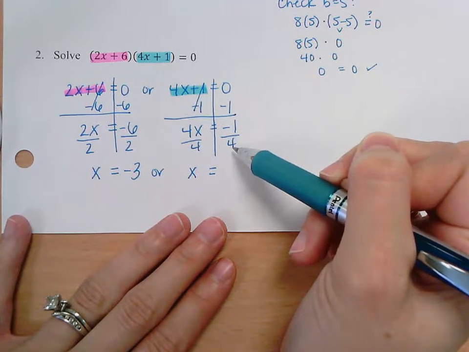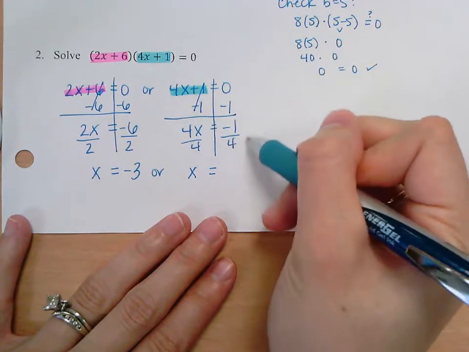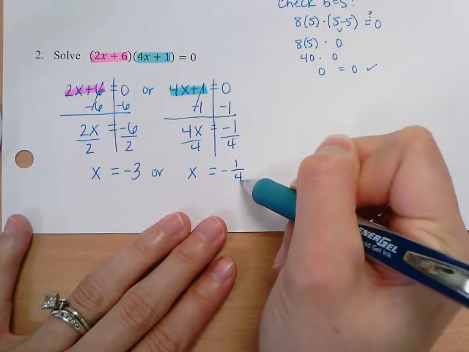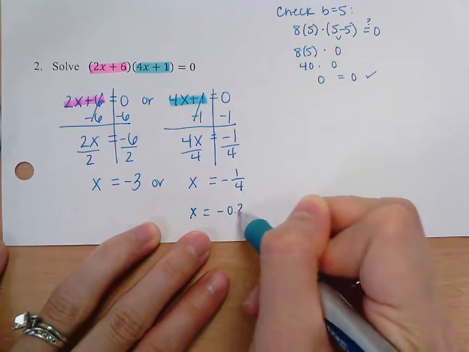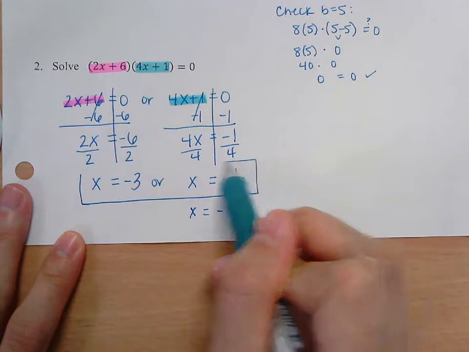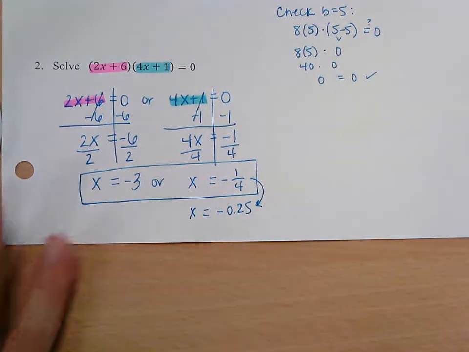Nadia? Yes, so this would have to stay a fraction. It's not negative 4. We're not multiplying. So it's negative 1/4. Or if you put the decimal, which is negative 0.25, that's fine. But these are your answers. This would be the alternative, same answer, just as a decimal.